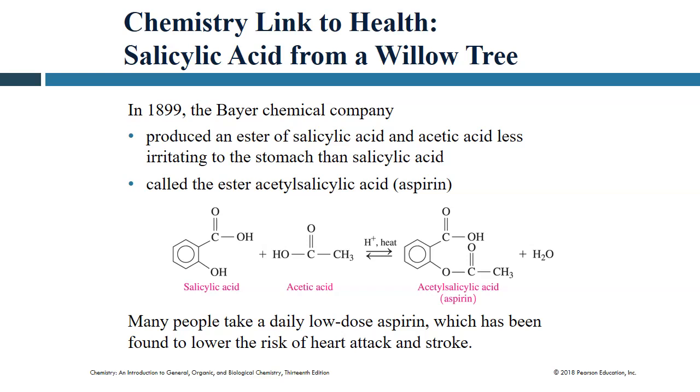So in 1899, the Bayer Chemical Company takes salicylic acid, which is this one here, and creates an ester out of it. So reacting this acid with this one, we created what is called acetyl salicylic acid. Acetyl salicylic acid, you know better as aspirin. And so Bayer aspirin, inventors of aspirin, this is their product.